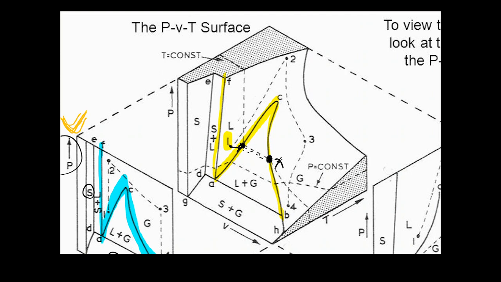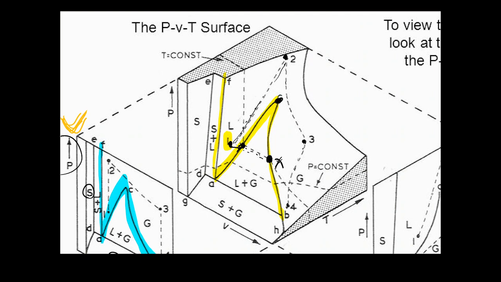But what happens if you go from point 1, to point 2, to point 3, then to point 4? When you go to point 2, what do you have? This point C is a critical point.